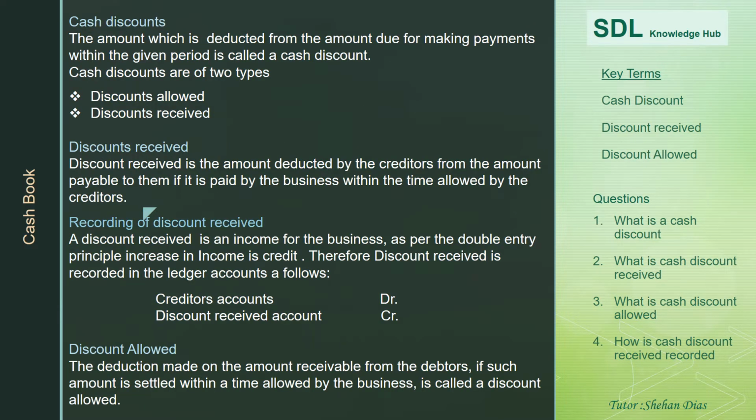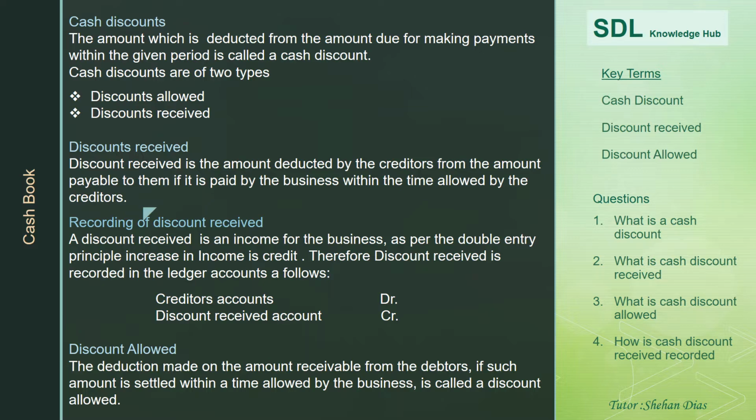Cash discounts. This is the amount that is deducted from the amount due for making payments if those payments are done within the given period. There are two types of cash discounts: discounts allowed and discounts received.